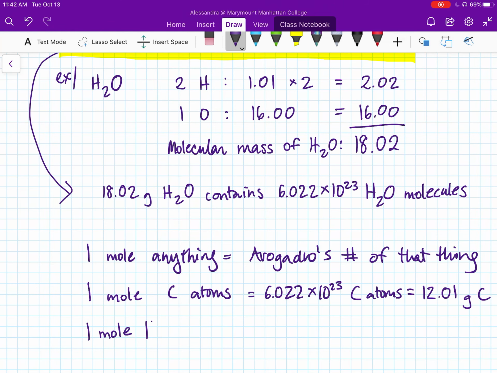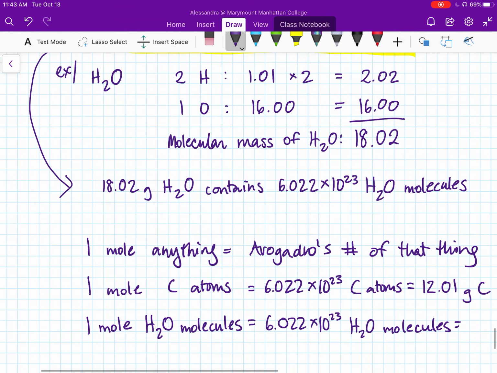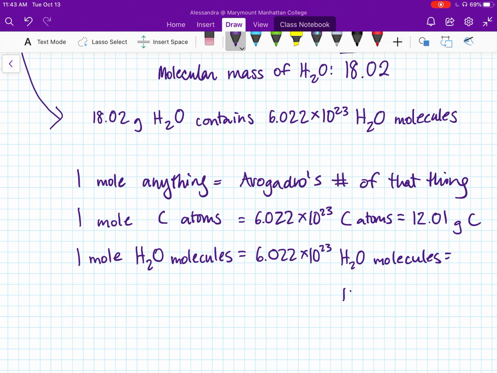For molecules, we can say the same thing. 1 mole of water molecules is equal to 6.022 times 10 to the 23rd water molecules, and that is also the number of molecules in 18.02 grams of water.